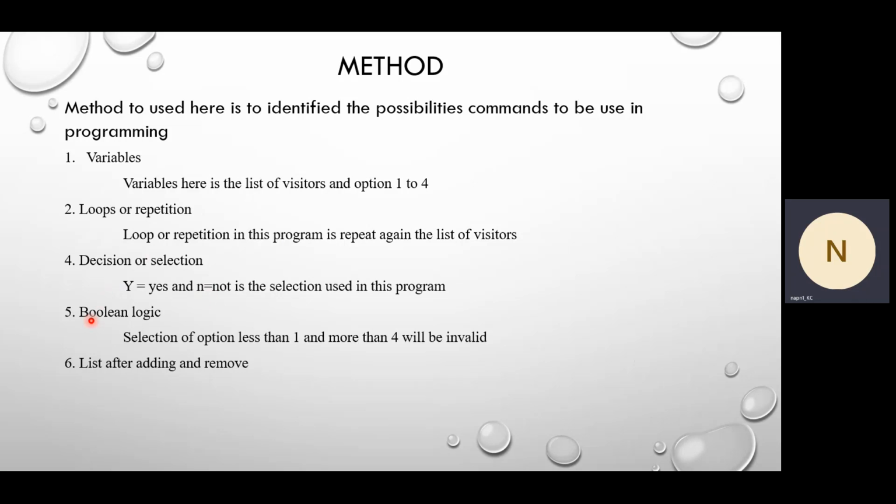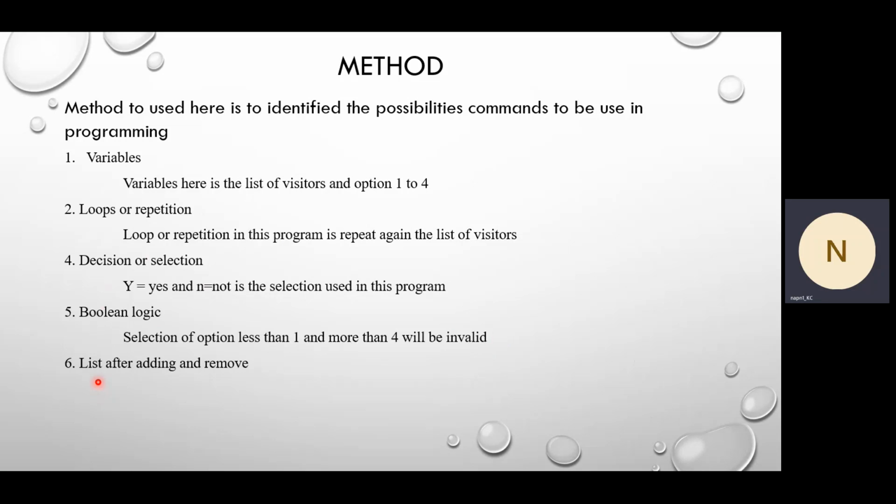The fifth one is Boolean logic. Here, a selected option less than 1 or more than 4 will be invalid, which means we can only input the number 1 to 4. If it is more or less, it will be identified as invalid, so we need to enter a valid option from 1 to 4 again.